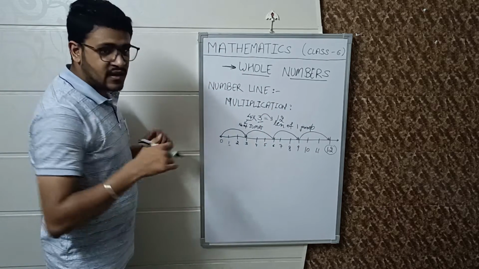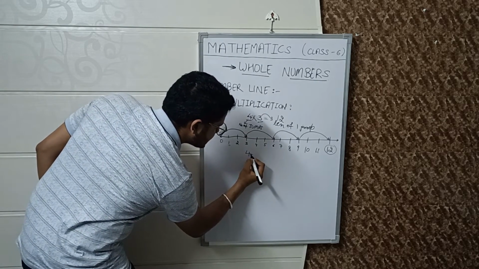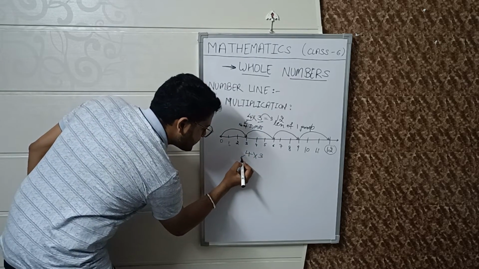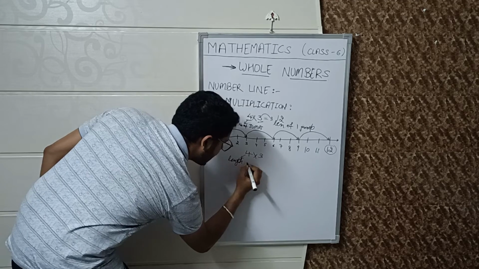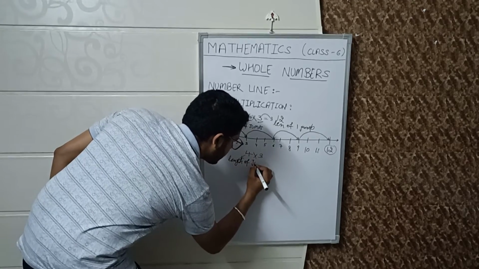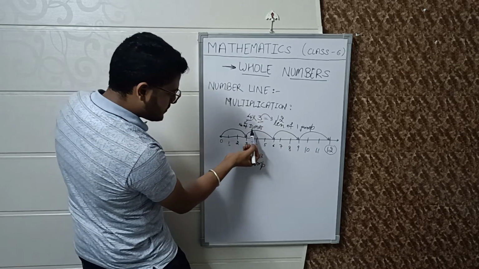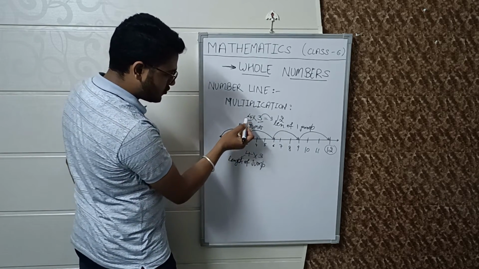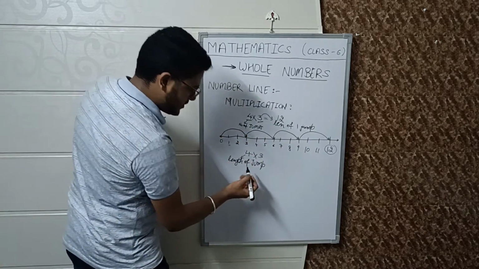So this can be done in other way also. Say for this same example, 4 into 3, we can consider the first number as length of jump, okay. In the previous case, we took this as number of jumps and this was the length of one jump.